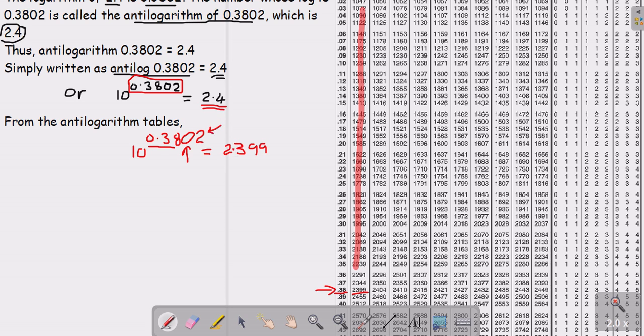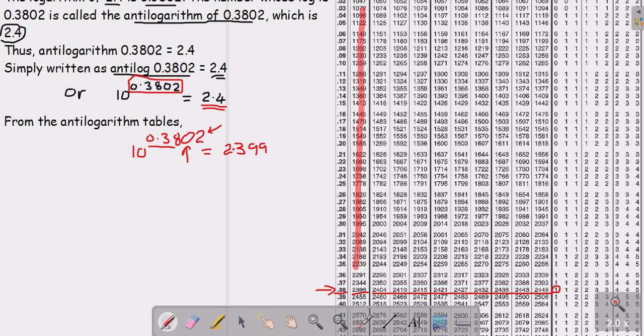Then after that, there is this last digit 2, so we have to go to that part of adding, along this row of 0.38.